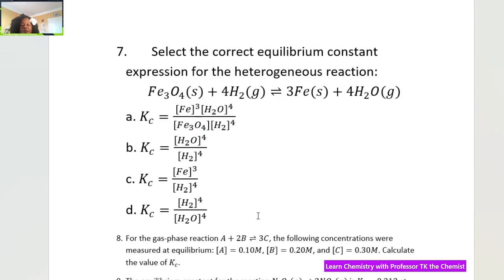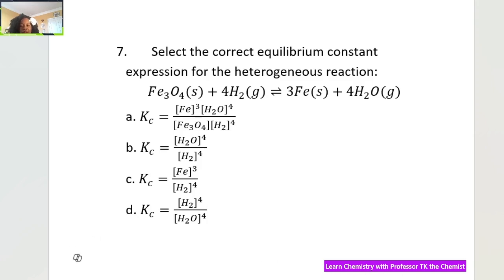This is for number 7, and it says, select the correct equilibrium constant expression for the heterogeneous reaction. We just had a pre-problem that set the tone. When you write this out, remember, do not include your solids. We've got to exclude the solids, so we cancel those out.